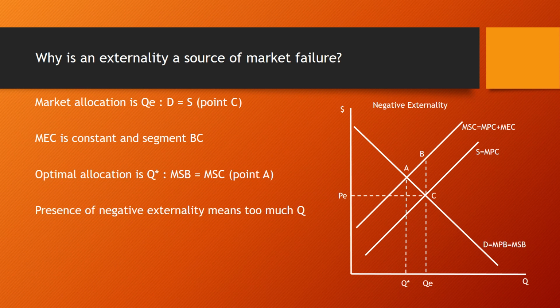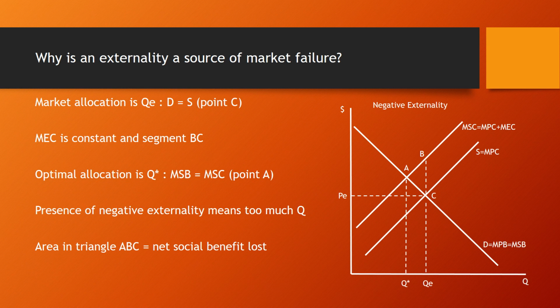Notice Q star is not the same as QE. So we have the answer to our last question. When there is a negative externality associated with a perfectly competitive market allocation, the market will not achieve the optimal quantity of output.